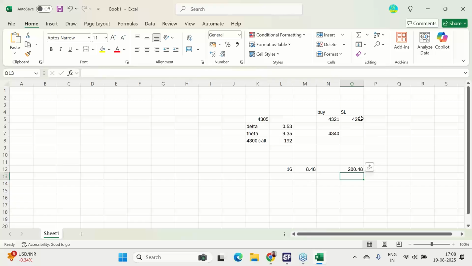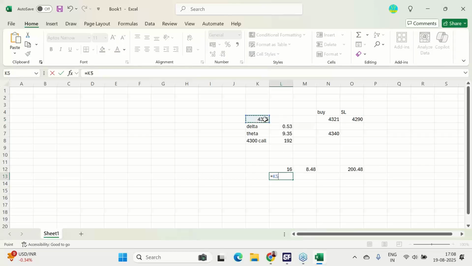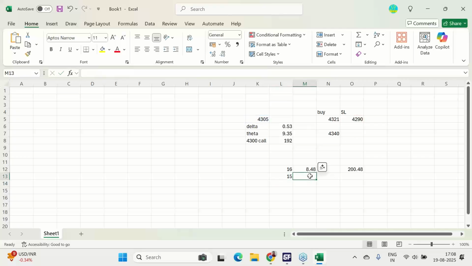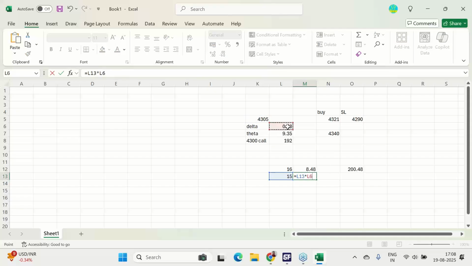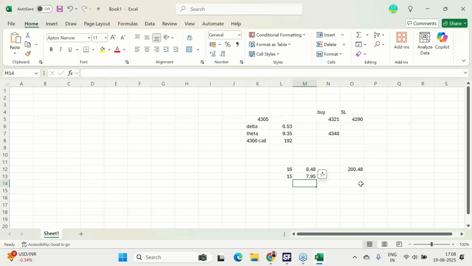What will be our stop loss? Here it is 4290. I take the difference between the reference price and our stop loss, which is 15, and multiply it by the delta. This comes to 7 rupees 95 paisa.